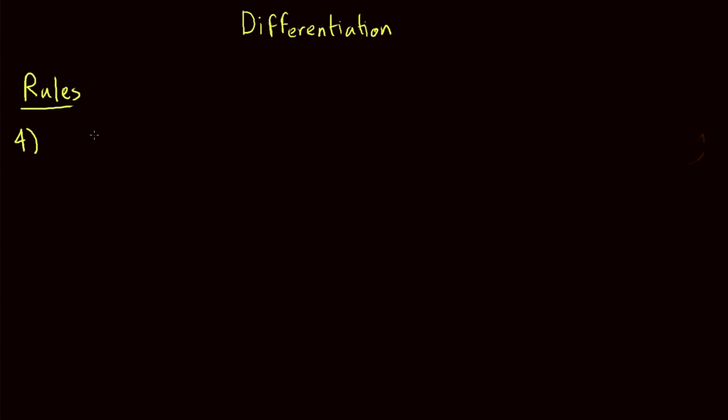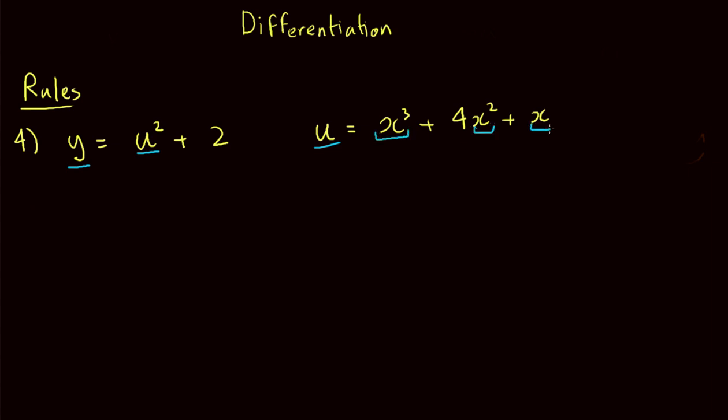So let's say you are given a function where y is expressed as u squared plus 2, and you have another function of u expressed in terms of x, which is u equals x cubed plus 4x squared plus x. So now we're given two functions. We have a function of y represented in terms of u, and we have a function of u represented in terms of x.